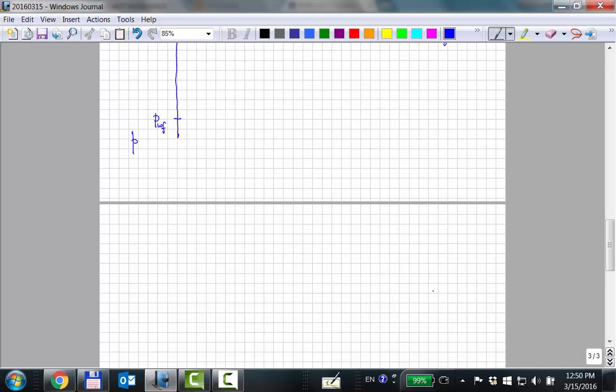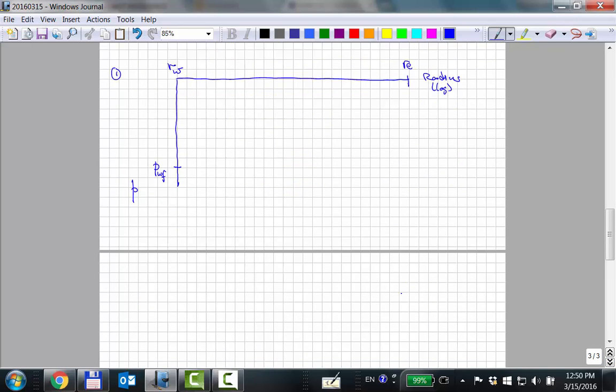We didn't do that, but you could very easily. And what you would find is that the steady state assumption gives you a linear pressure gradient as a function of log of radius.